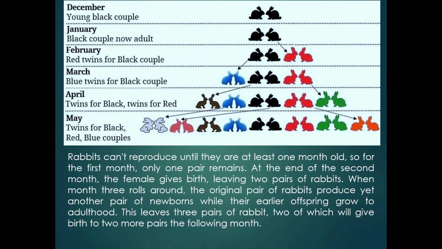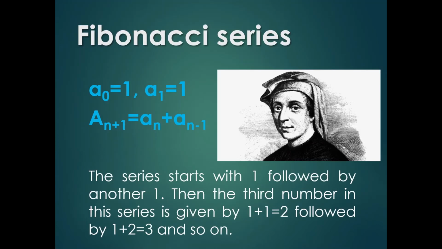So it's 1 plus 1. First is 1, then another 1, then 1 plus 1 is 2, then 1 plus 2 is 3, 2 plus 3 is 5, 3 plus 5 is 8. And so on.